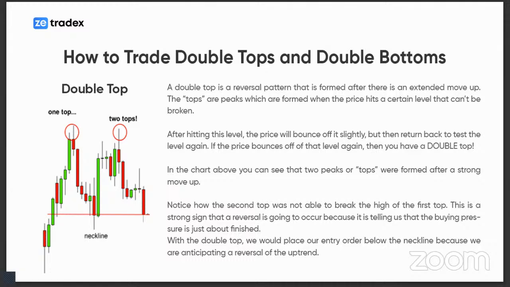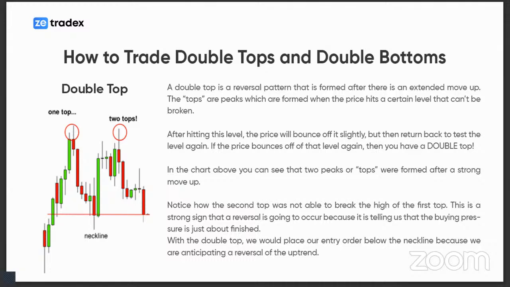So after hitting this level, the price will bounce off it slightly and then return back to test the level again. If the price bounces off that level again, then you definitely have a double top. In that chart above, you can see that there are two peaks, and the tops were formed after a strong move up.